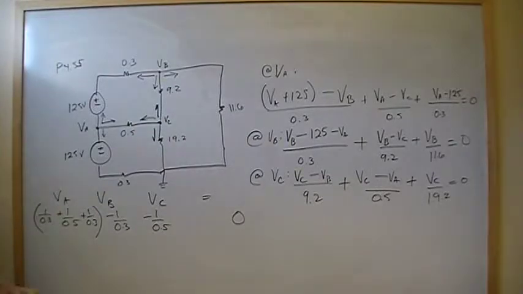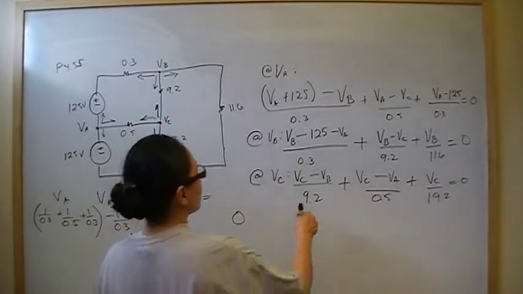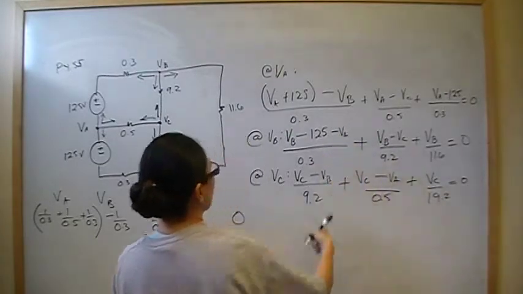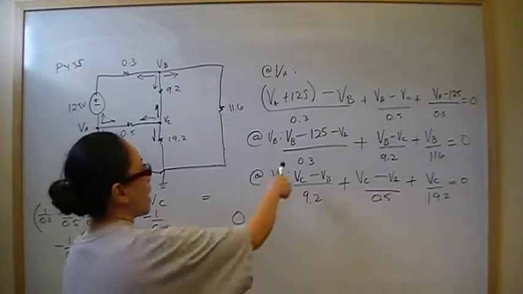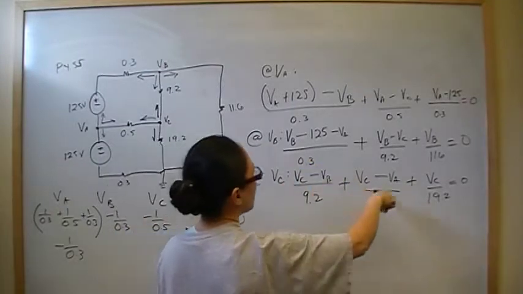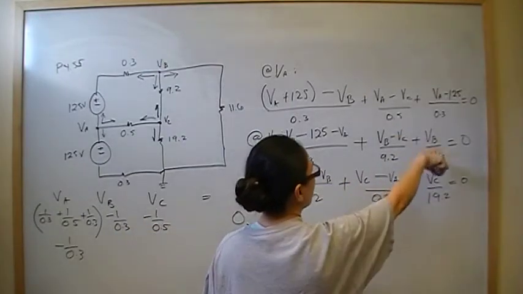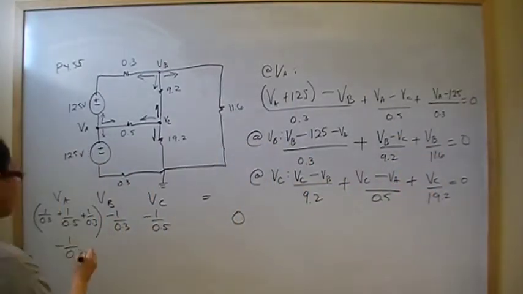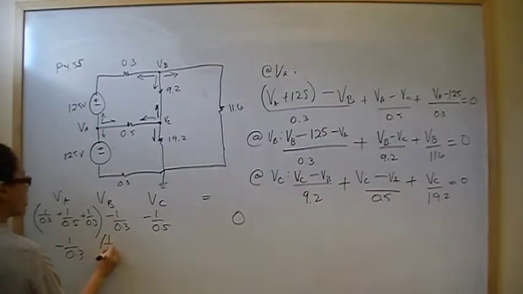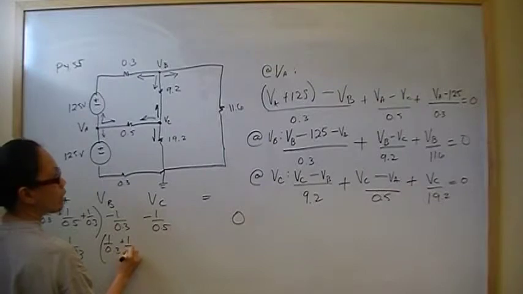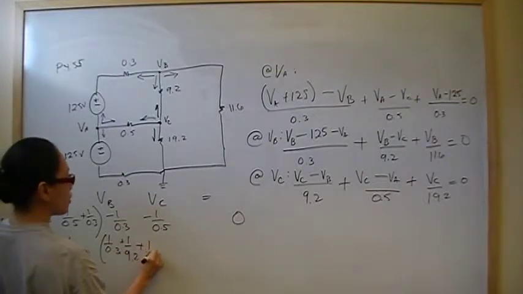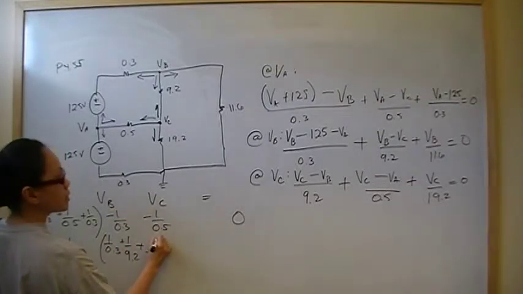Second equation: for VA, we have one term, a -1 over 0.3. For VB, we have 1 over 0.3 plus 1 over 9.2 plus 1 over 11.6.